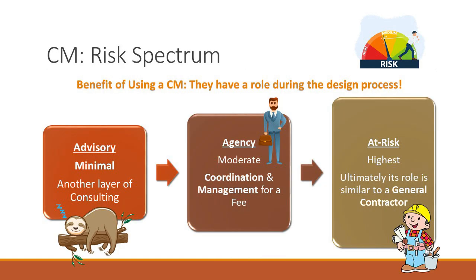And this little chart, we can talk about advisory CM, I'll talk to you about it a little bit in a second, kind of shows where your risks are. So advisory CM is somebody that comes to you, that works with the owner, even before you've retained an architect. And an advisory CM and an agency CM are similar, but the advisory CM is not going to be managing the project site and managing the costs.